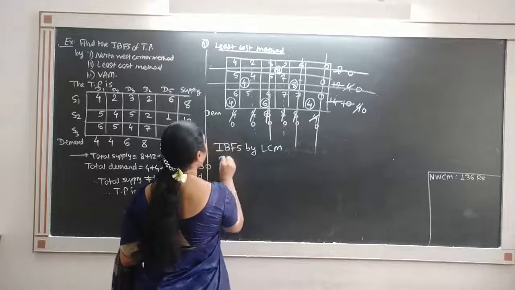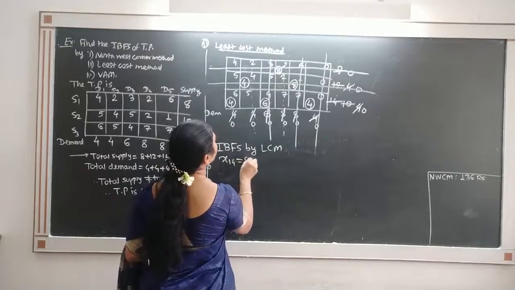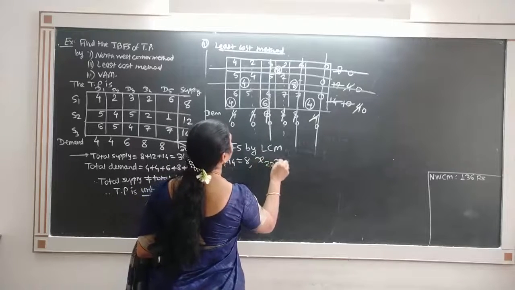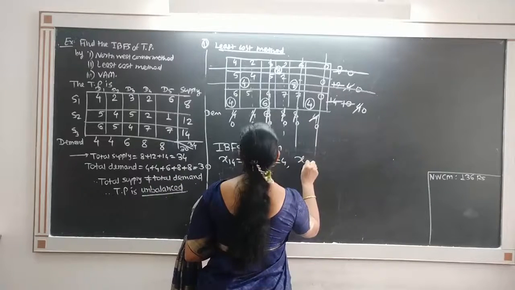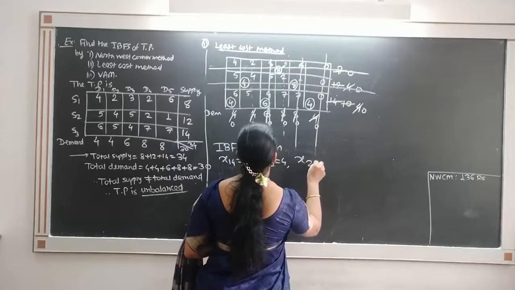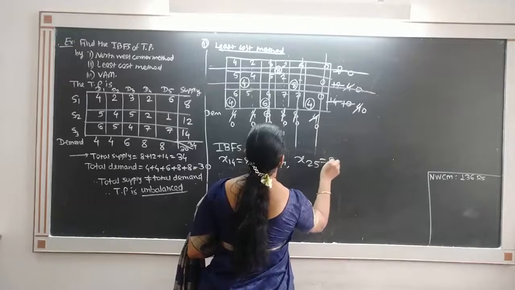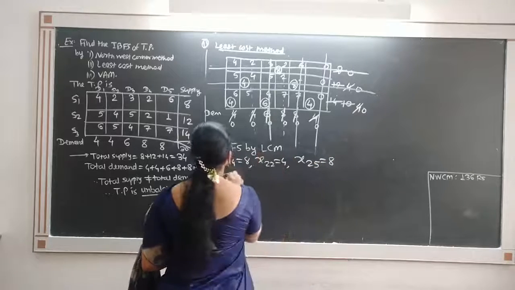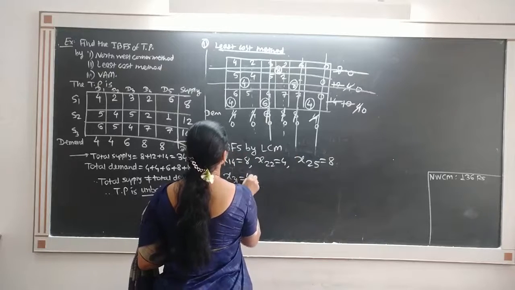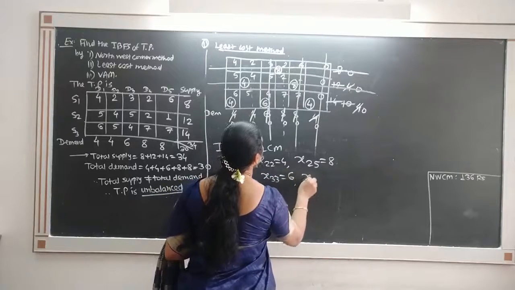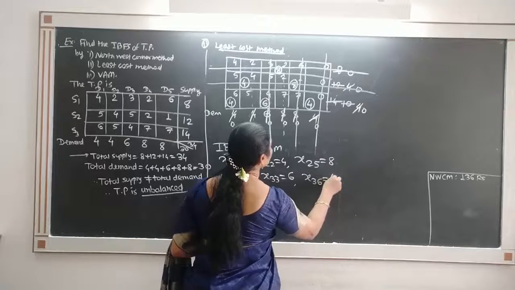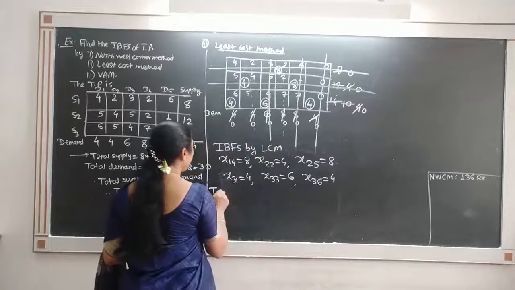This is nothing but x14 is equal to 8, x22 is equal to 4, x25 is equal to 8, x31 is equal to 4, x33 is equal to 6 and x36 is equal to 4. And what is the transportation cost?